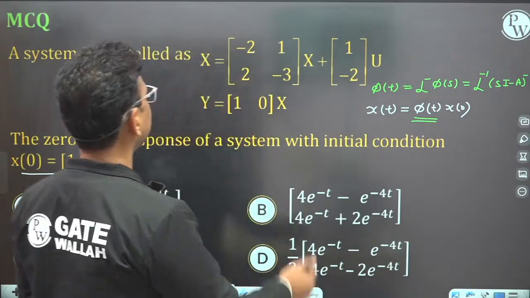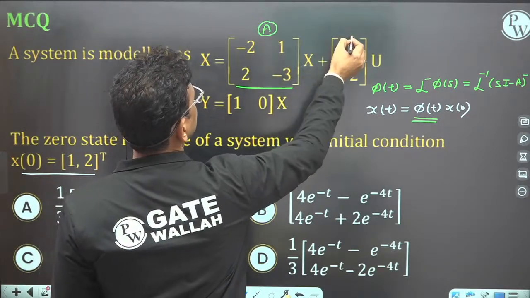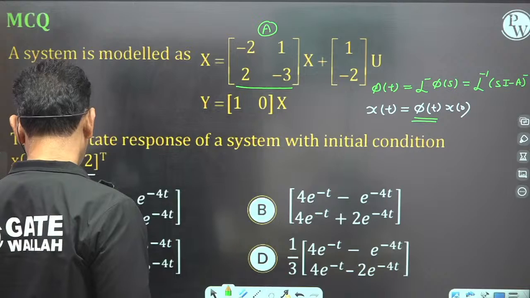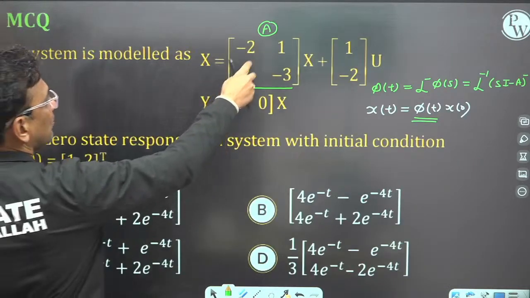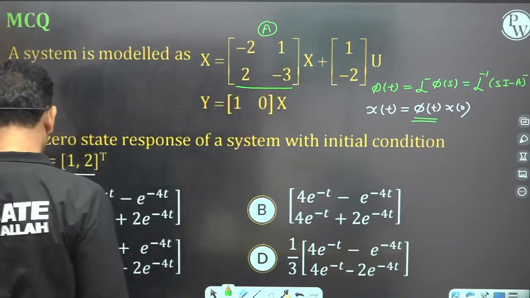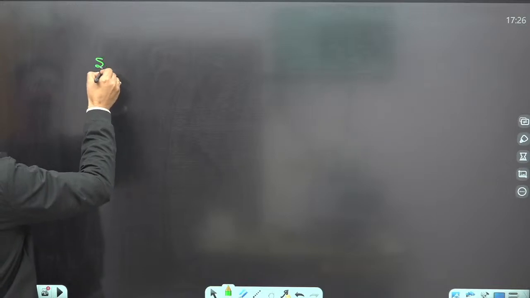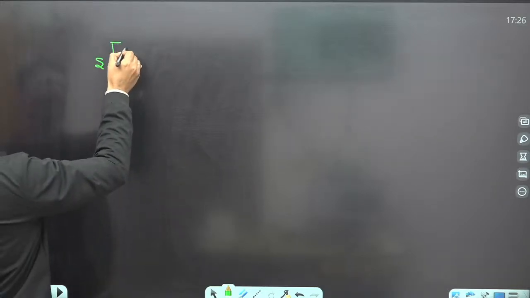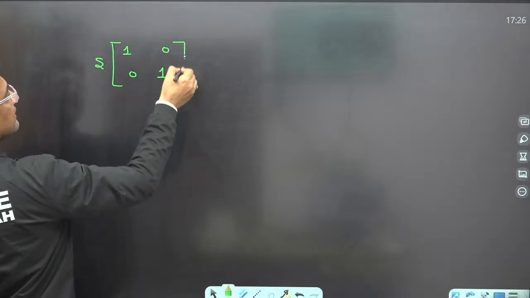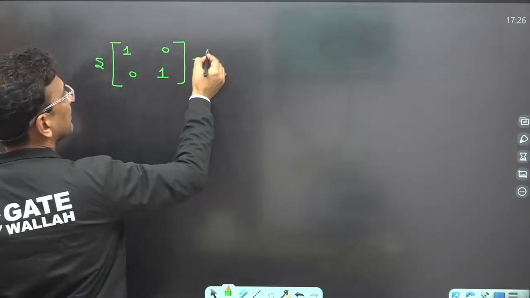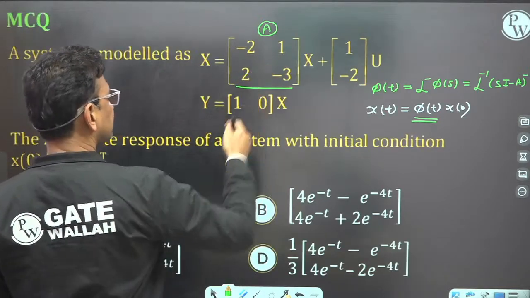So this is matrix A, this is matrix B, this is matrix C. The order of the A matrix is 2 by 2, so always choose the identity matrix of 2 by 2 order. So it is [1, 0; 0, 1]. Clear? S into I minus A. What is the A? Minus 2, 1.